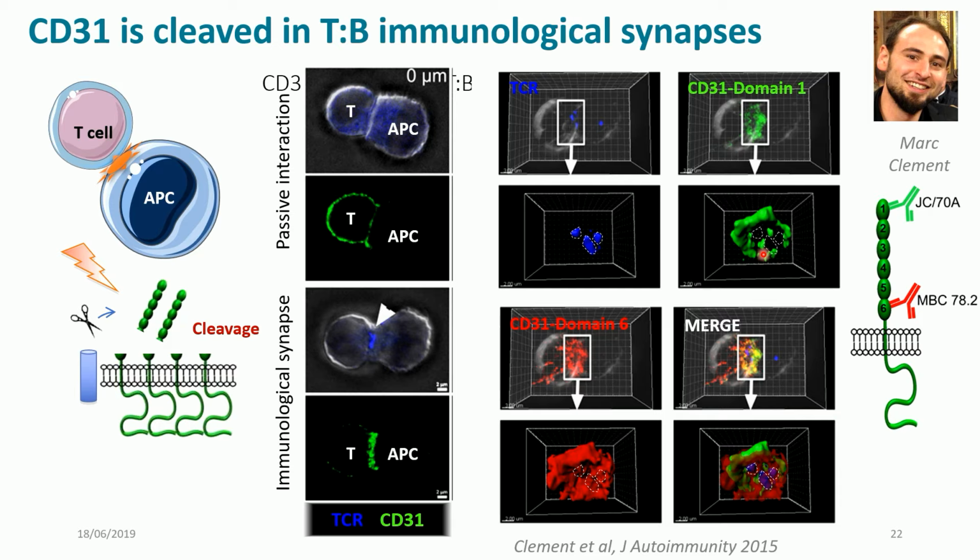So you have an intact molecule all over, and it is like this is necessary to limit the spread of the activation signal. Instead, in between the synapse, where the cell must do the exchange with the other cell, the CD31 is cleaved. And I can say that it is cleaved because with the other antibody, the red one, you see that the holes are filled up.